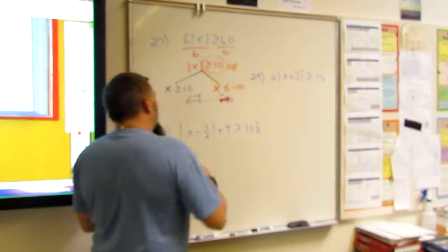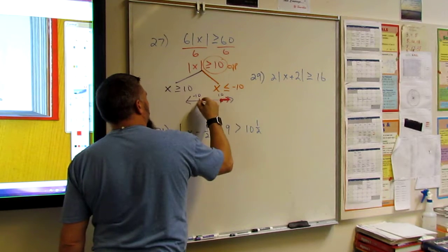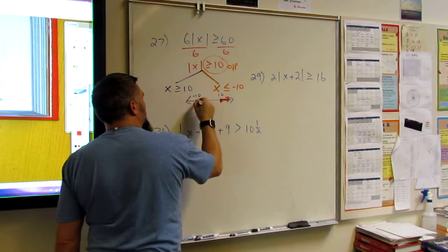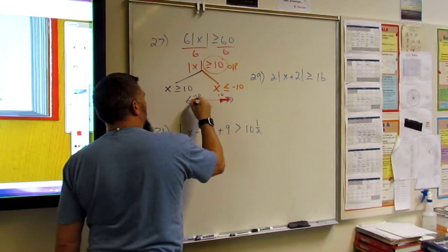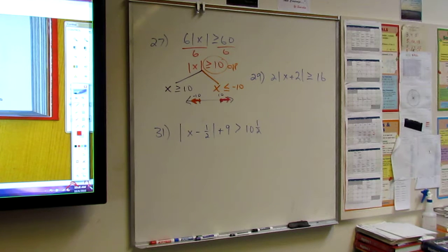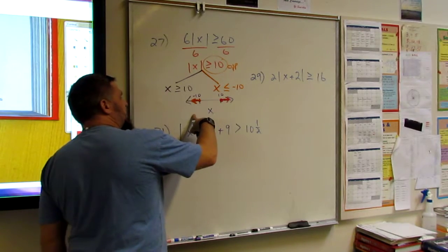And then closed circle or open? Closed. Away or towards? Open. Away. Right? Now if I want to put that in just one x, which 10 goes here?